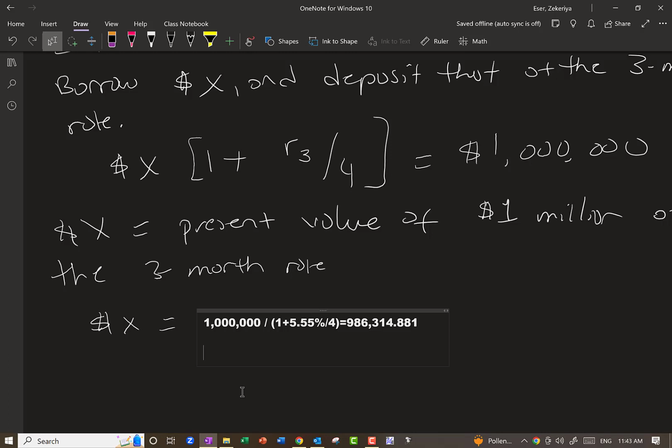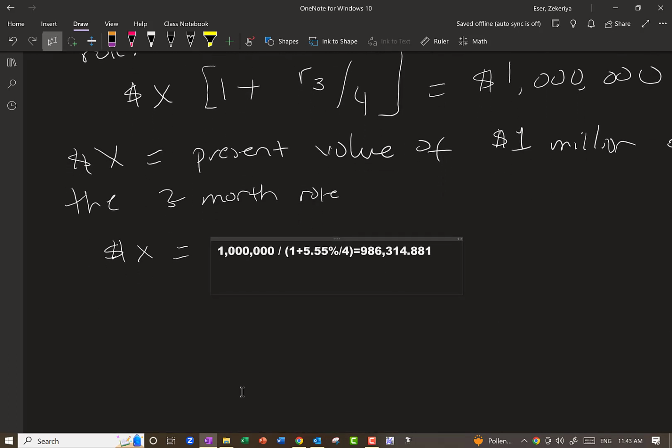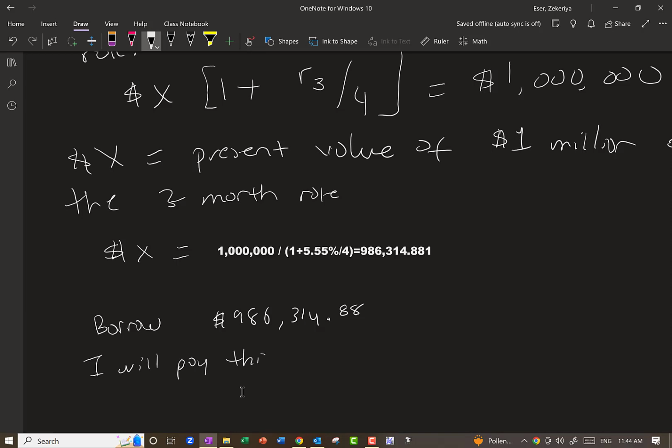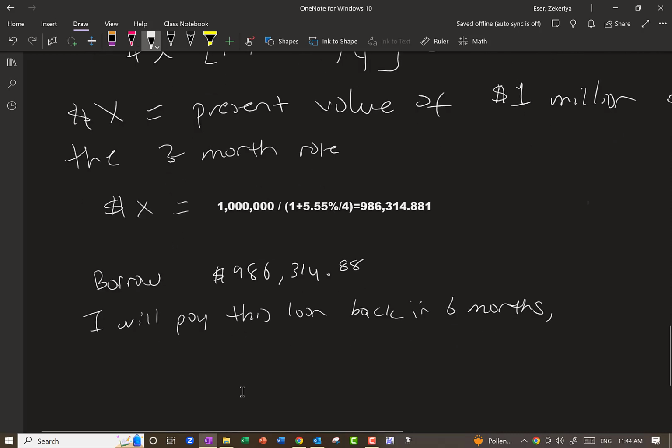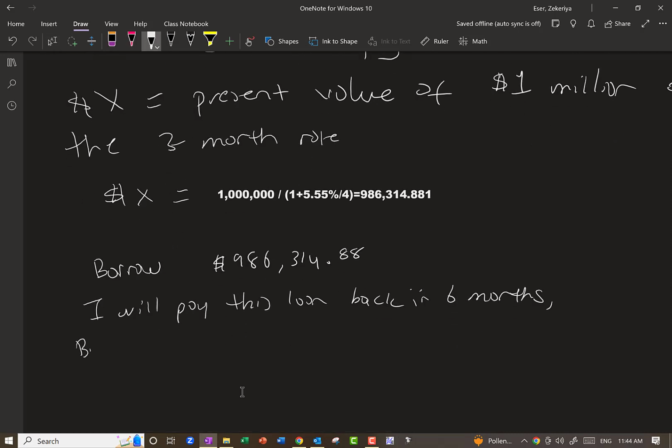I will pay this loan back in 6 months. So pay 986,314.88 times the 6-month rate divided by 2. There are 2 6-month periods in a year.